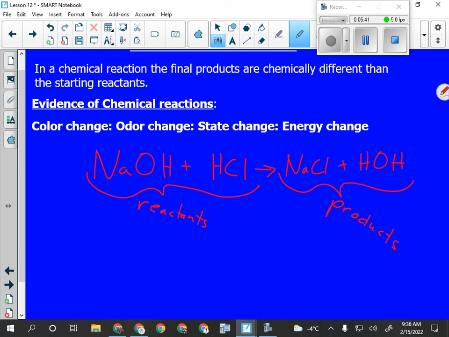When you were a kid and you mixed vinegar and baking soda together, and it bubbles and fizzes and carries on, what you're getting is carbon dioxide gas being formed in that reaction. That's what's in the bubbles. All right, state change. So we could get a precipitate being formed from two solutions, or an energy change, it gets hotter or colder. All right, questions so far?